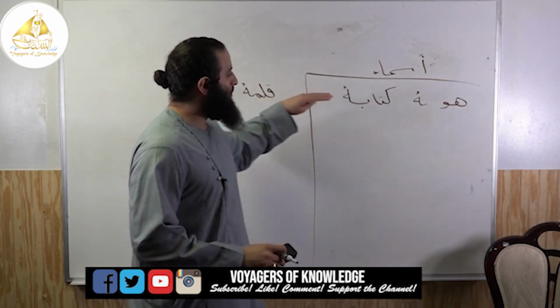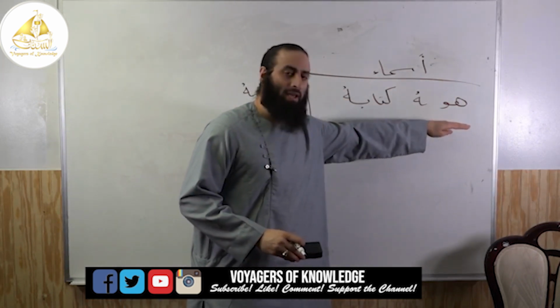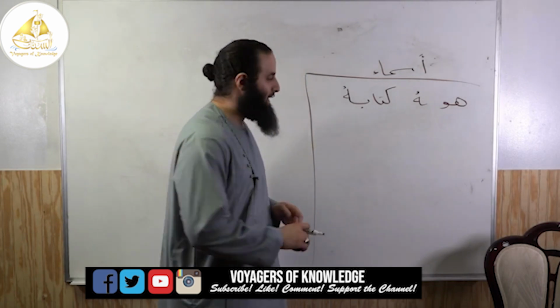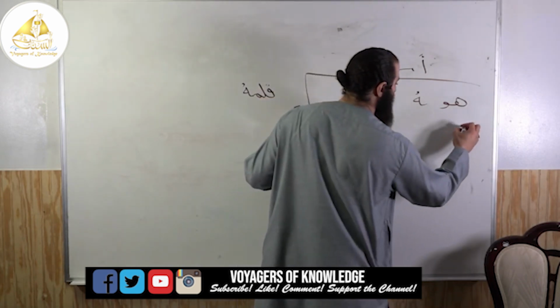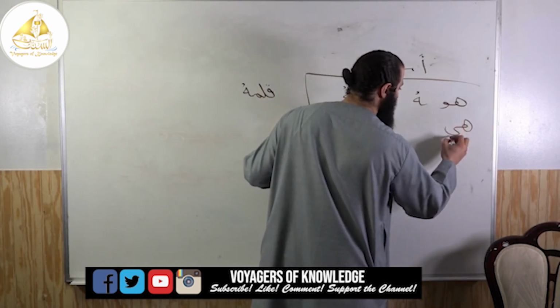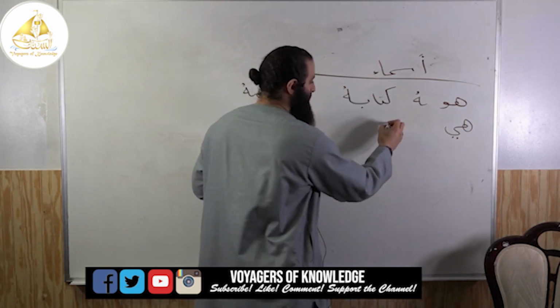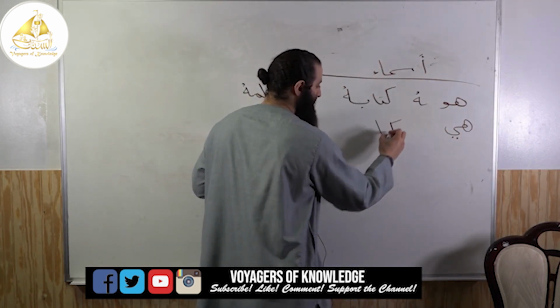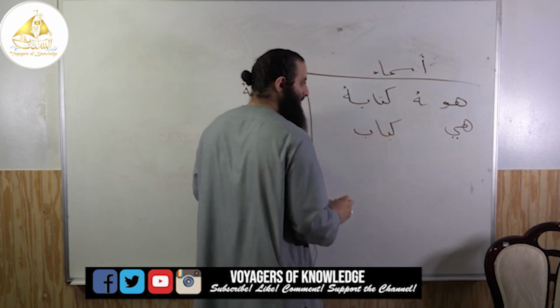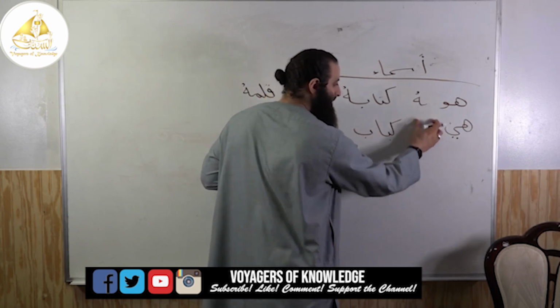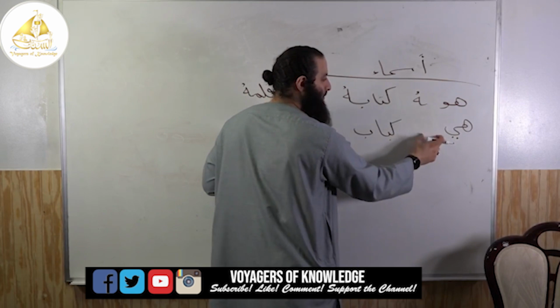And now we're going to take hiya. Now, hiya is used to say she, correct? And we have this word here, kitabun. What is the dhamir that gets attached to nouns for hiya?